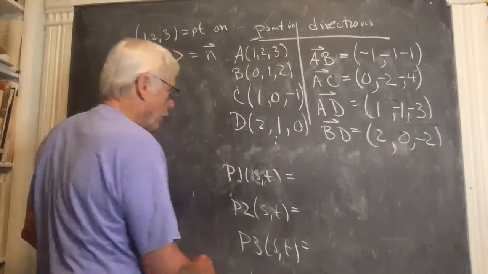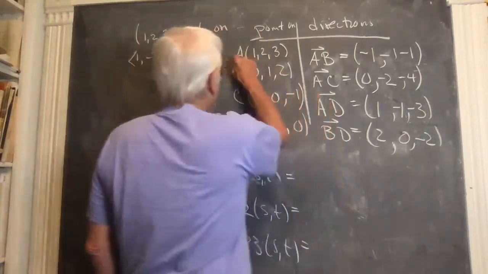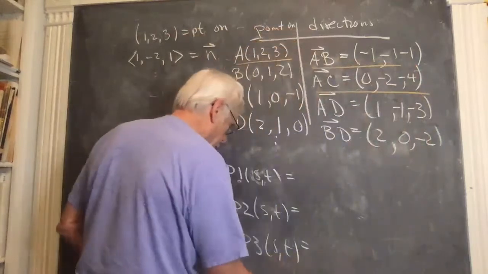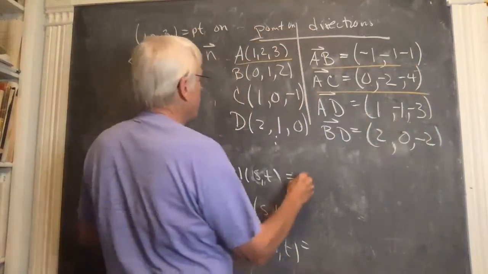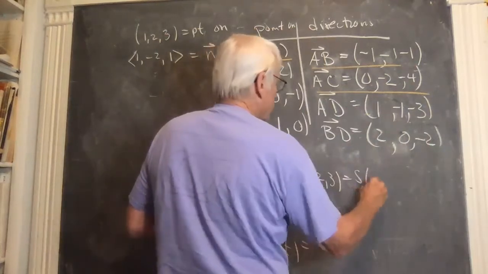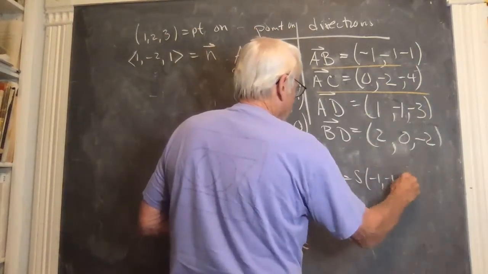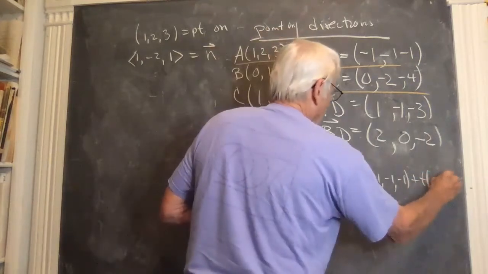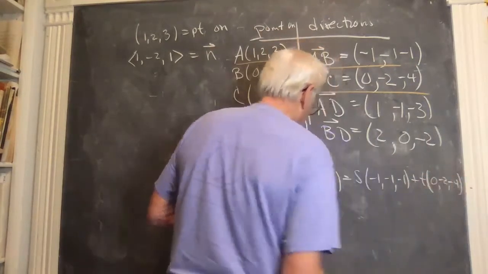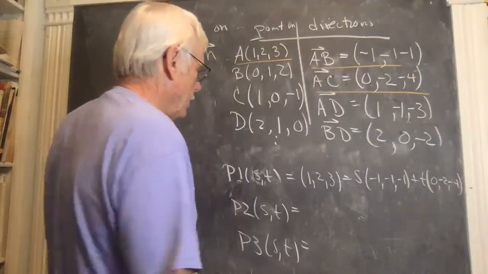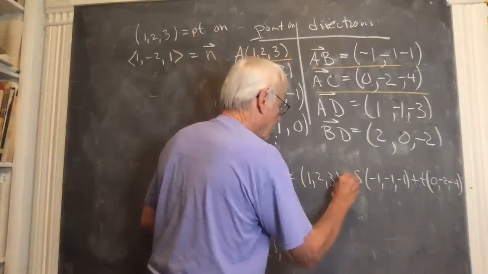Each one will use a point and two directions. So for the first one, we'll use this point and maybe these two directions. They're linearly independent. So that would be the point 1, 2, 3, plus S times minus 1, minus 1, minus 1, plus T times 0, minus 2, minus 4. This should be a plus.